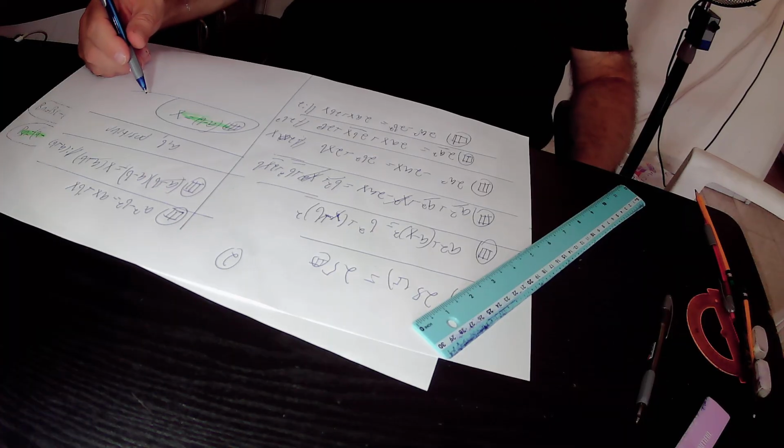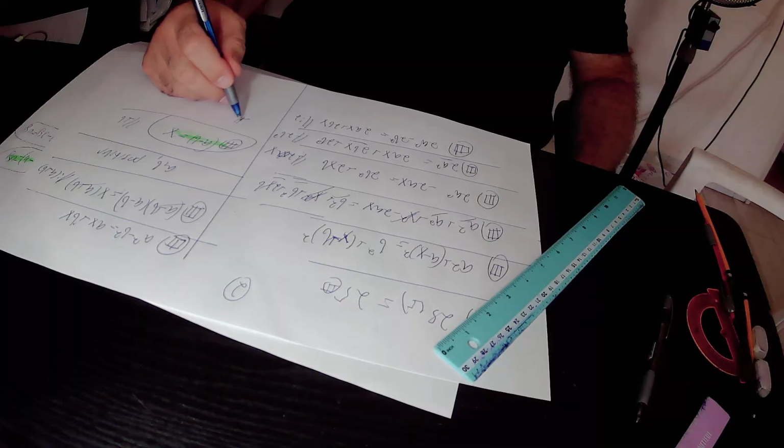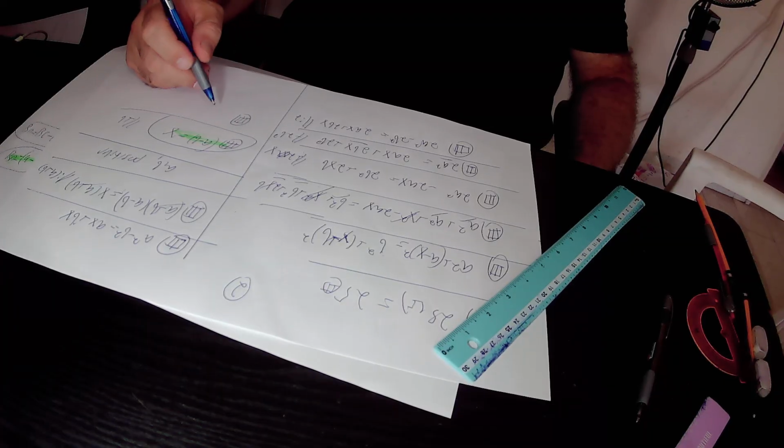We'll add b to this equation 3, and we get that a equals x plus b.